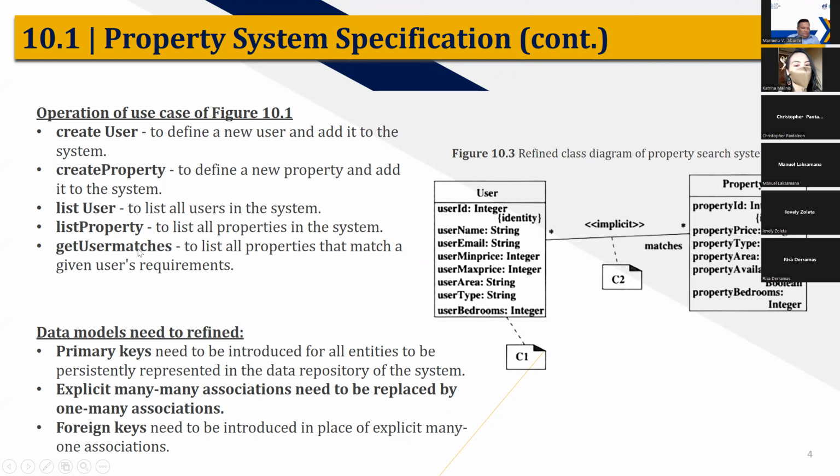And the get user matches, this get user matches string or code is to list all the properties that match a given user's requirements. Ito na yung results, yung get user matches is the results of the list that is being input by the users in relation to the search string to be performed and provided by the database system.